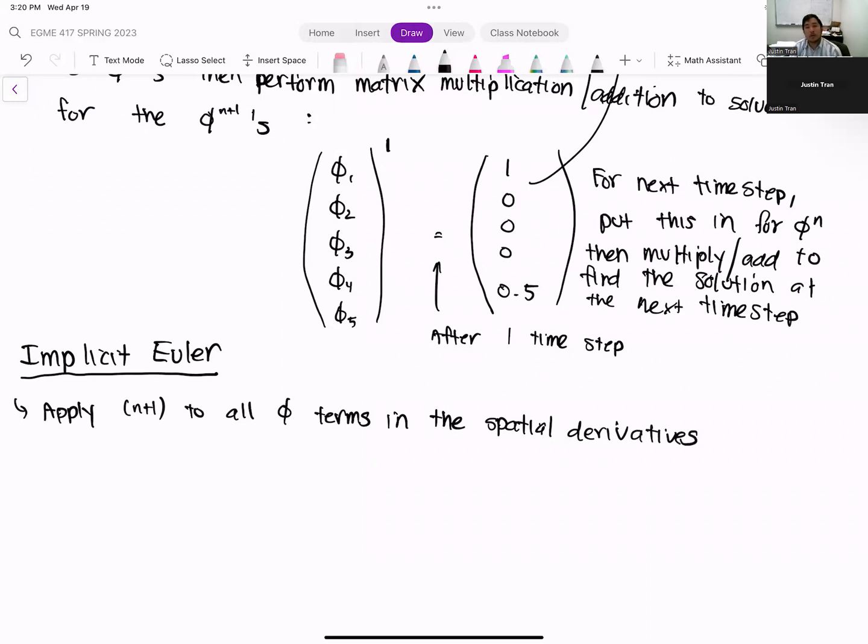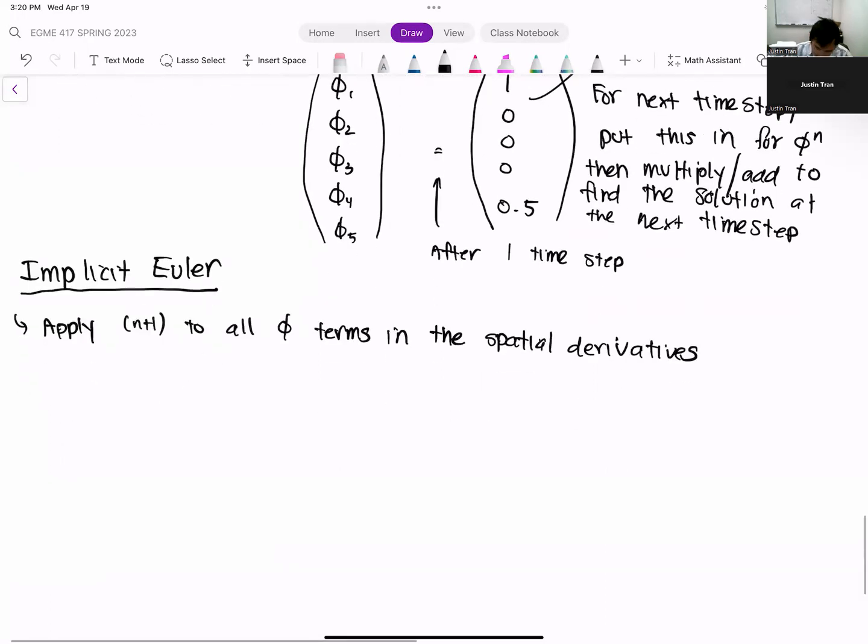For all the space derivative terms, the convection and the diffusion, we're going to apply a time index of n plus 1. And so if we do that, then it looks something like this.